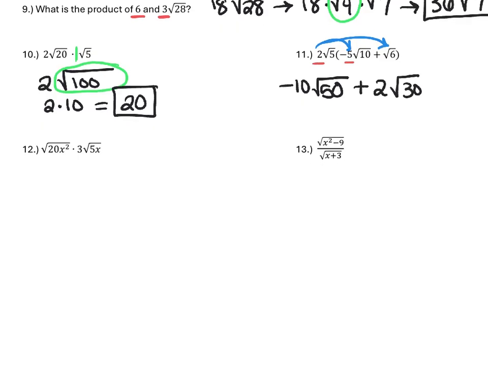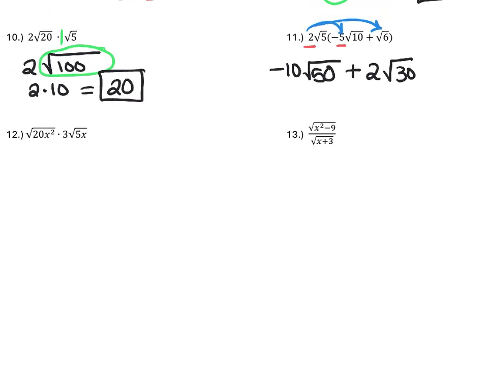Now, can we simplify either of these? Which one? 50. Rewrite 50 as root 25 times root 2. Does 30 simplify? No. So this is going to stay. So we can simplify our root 25, which is 5.